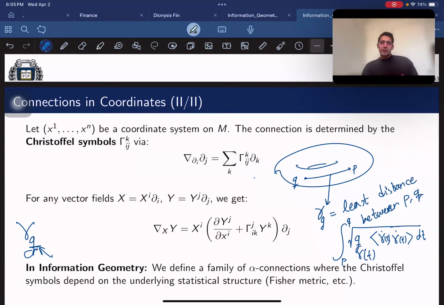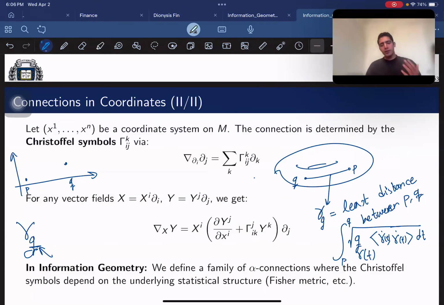But this is not the only generalization of lines. So when you are in Euclidean space, what is the geodesic between the 2 points here, P and Q?